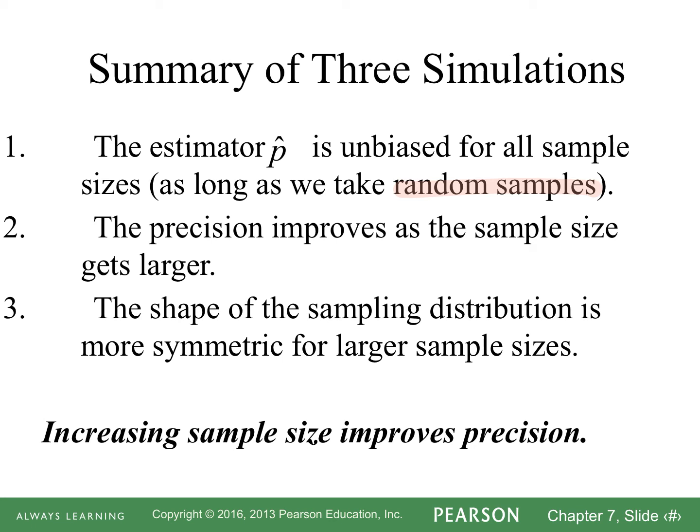The precision improves as the sample size gets larger. So we want a large sample size as well. When we do that, the shape of the sampling distribution gets more symmetric because there's less variation. So the point is, increasing sample size improves precision. Also, you should add here that random assignment reduces bias.